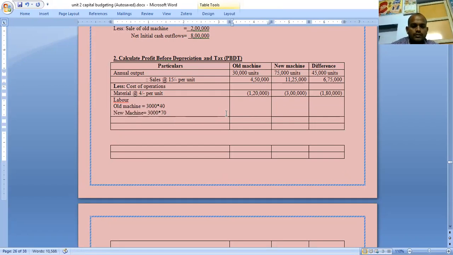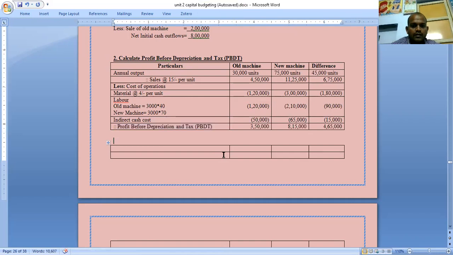The difference comes around 90,000 rupees. Another cost is indirect cash cost, 50,000 and 65,000. The difference is 15,000. Now profit before depreciation and tax comes around 3 lakh 50,000, 8 lakh 15,000, and 4 lakh 65,000 is the difference.